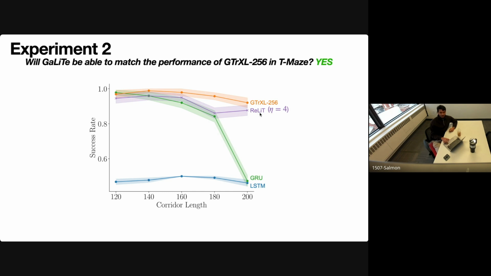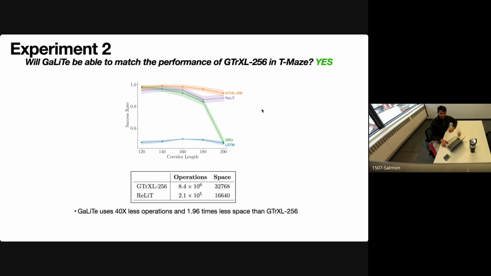But what I want to show here is that this line shows our architecture, and it's able to match the performance, get close to the performance of GTrXL 256 across a range of the corridor lengths. Just to give you a perspective, AGaLiTe uses 40 times fewer operations and 1.96 times less space than the GTrXL 256 in order to solve this specific problem.